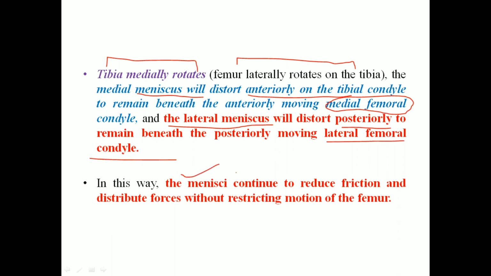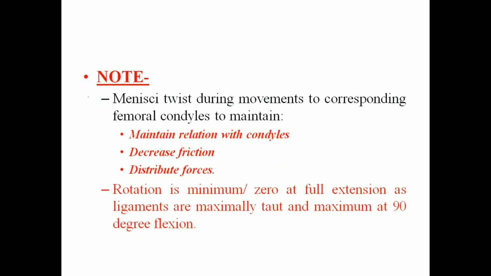So this is the way the meniscus continues to reduce the friction and distribute the forces without restricting the motion of the femur. Now keep a note point: why, in medial and lateral rotation, should the meniscus move with the femoral condyle? To maintain the relation with the condyles. Second, to decrease the friction and distribute the forces evenly.